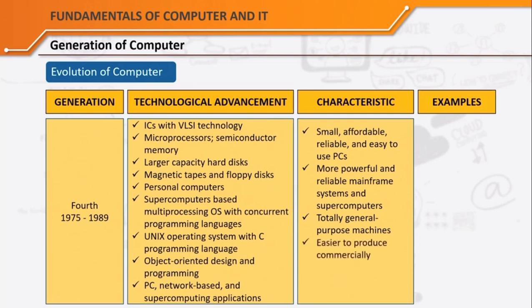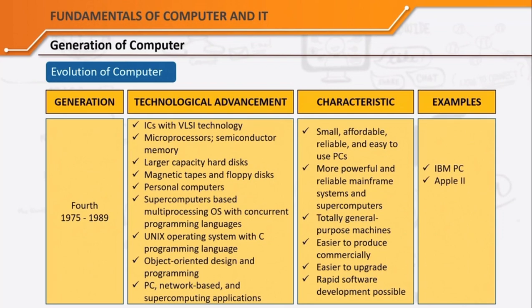They are easy to produce commercially, easier to upgrade, and it also includes rapid development in terms of software upgrades. A few of the most common examples of fourth generation computers include IBM PC, Apple II, TRS-80, VAX 9000, Cray 1, Cray 2, Cray X, and Cray MP. So these are the important computers which were developed in the fourth generation.